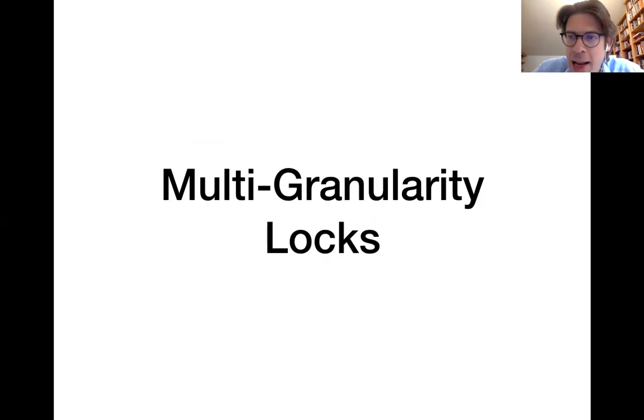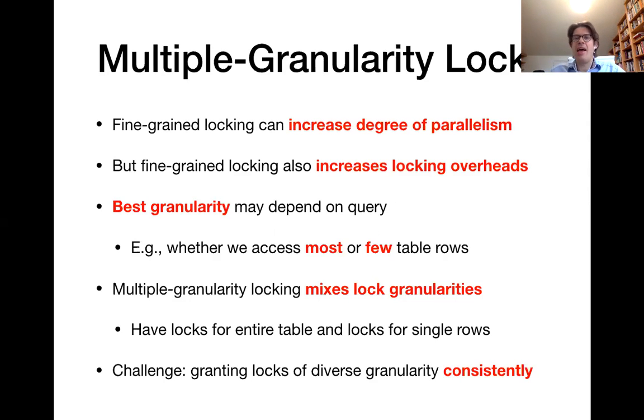First of all, let's discuss multi-granularity locks. The motivation for multi-granularity locks is that there is a trade-off about the granularity of locks. At the very beginning, when we started discussing locking-based concurrency control, we had an example protocol that was very simple, and it just locked the entire database.